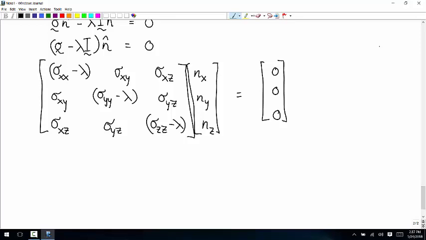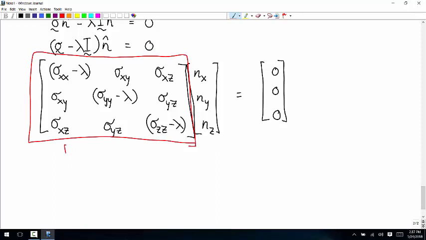So what does it take for this to be solvable? What we don't want, for a meaningful solution, is for this matrix to be invertible.